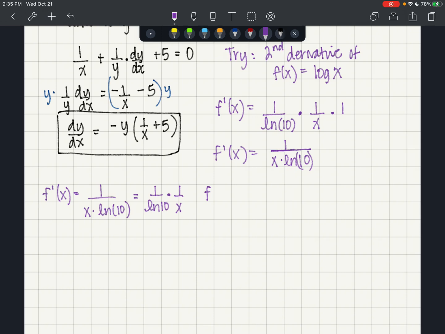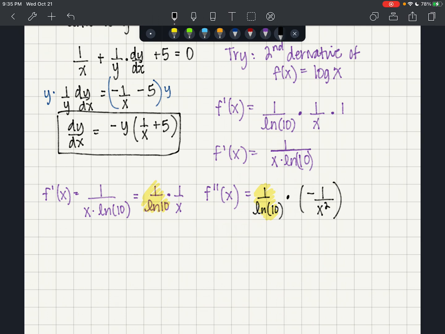So now when we find the second derivative, this constant that's yellow is just going to stay there. And then we're going to multiply that constant, 1 over the natural log of 10, by the derivative of 1 over x. And the derivative of 1 over x is negative 1 over x squared.